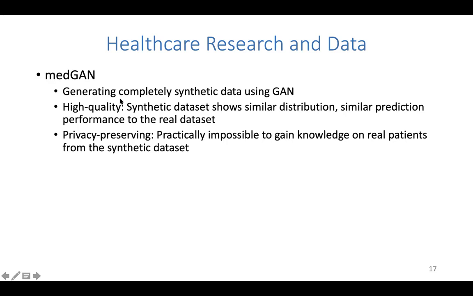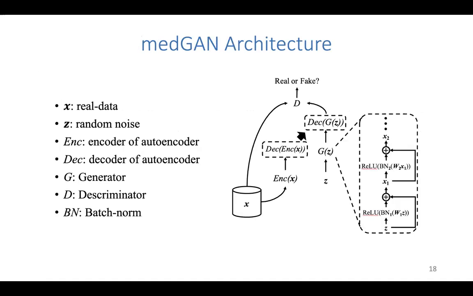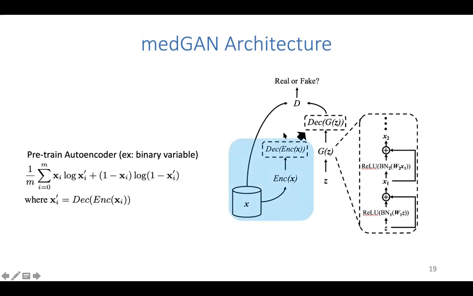All right. So MedGAN, we talked about generating completely synthetic data using a GAN architecture, and we briefly covered the architecture first, but let's just take a look at it again in case we've already forgotten the details. The difference between the basic GAN architecture and MedGAN is that everything is the same except for this part.